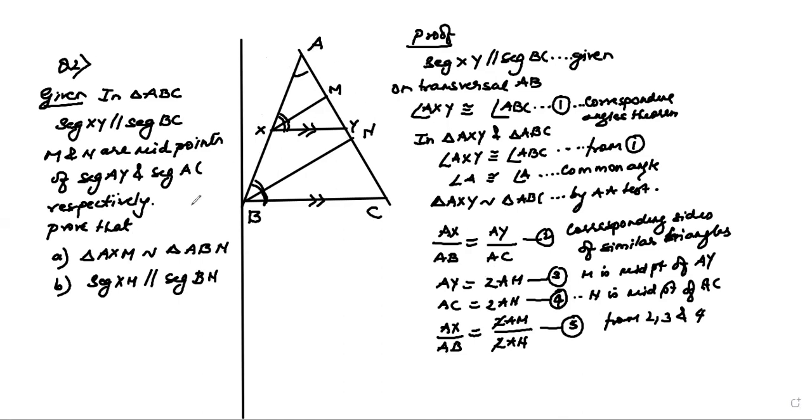So I can easily prove those two triangles similar. In triangle AXM and triangle ABN, AX upon AB equals AM upon AN, from 5.